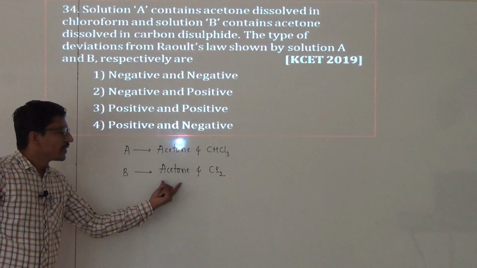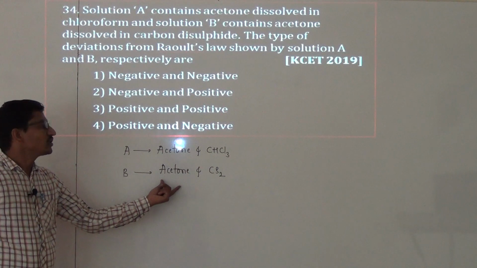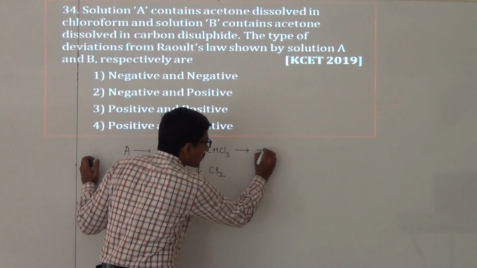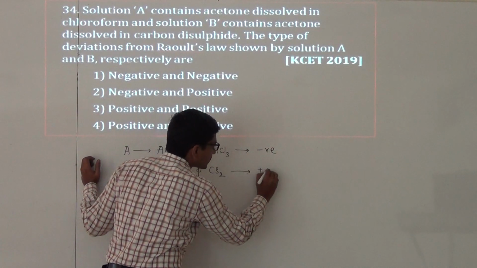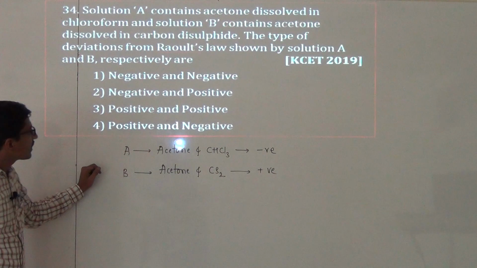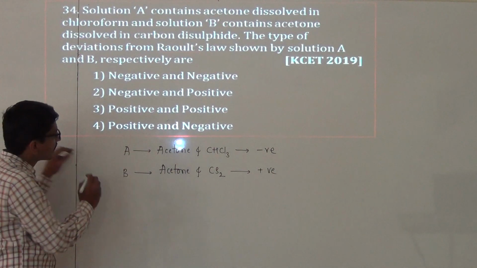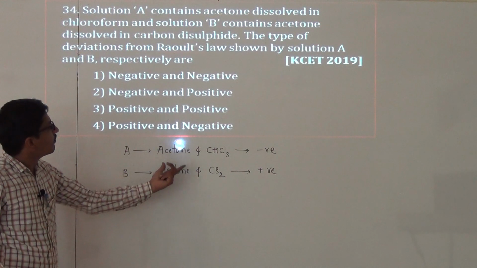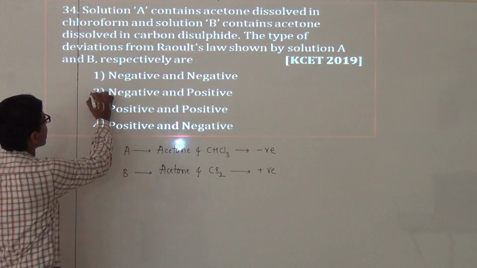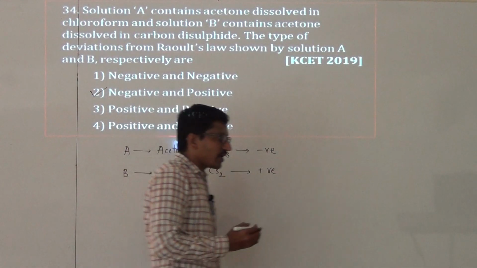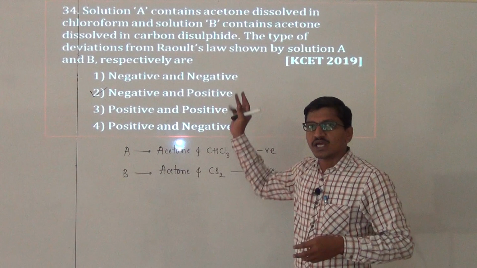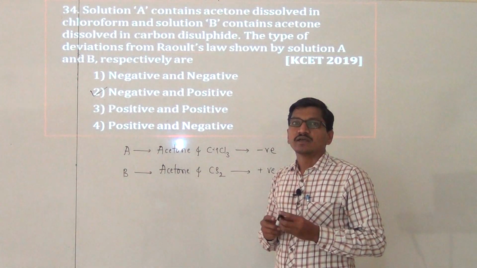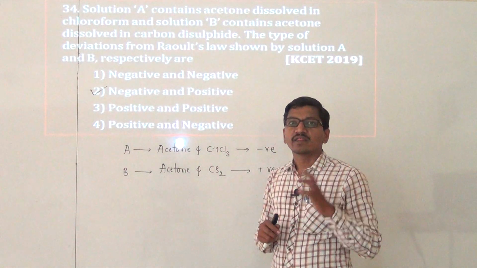These are examples of non-ideal solutions. The first one is an example of negative deviation, and this one is positive deviation. The correct option for this is A negative and B positive. The second option is the correct one, and this completes the solutions topic, and in the next class we will continue with another topic. Thank you.